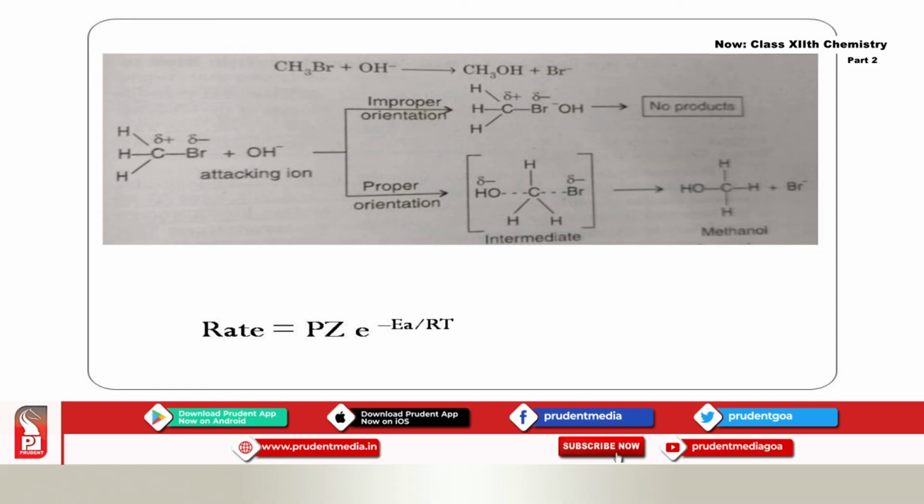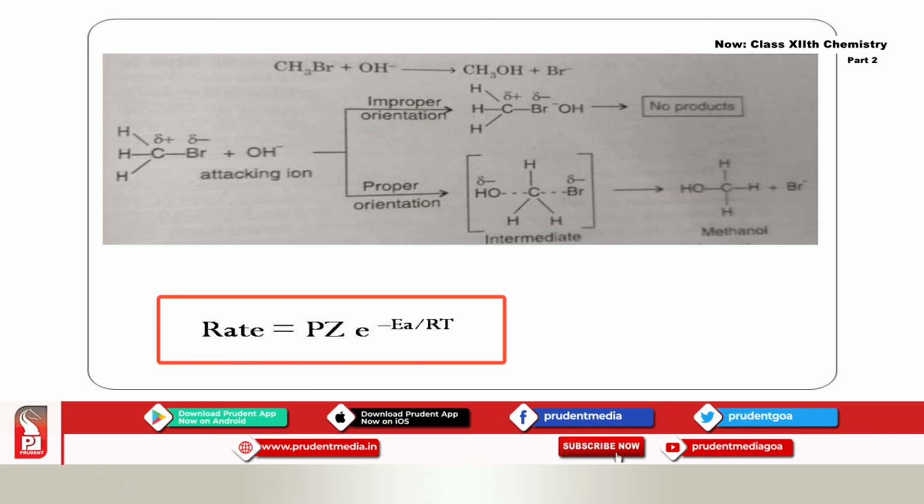So, now the rate can be written according to collision theory as P Z e raised to minus Ea upon RT. This factor we have already discussed in the earlier slide, Z e raised to minus Ea upon RT. Z is nothing but the collision frequency, and P here is known as a steric factor, which is going to look at the orientation of the molecules.